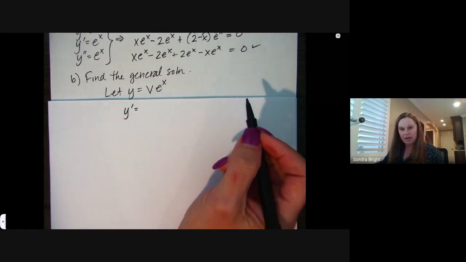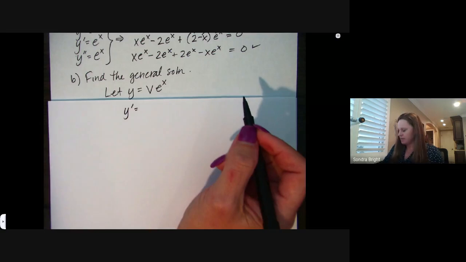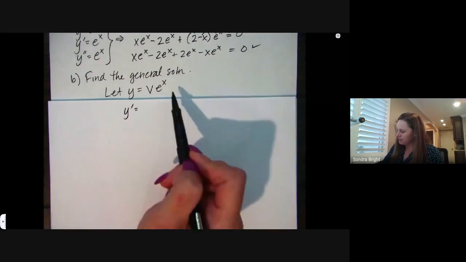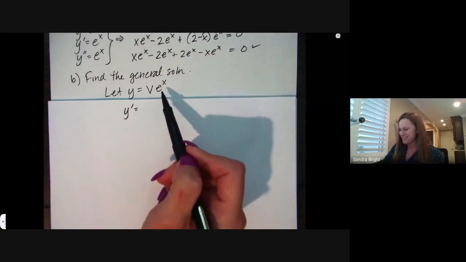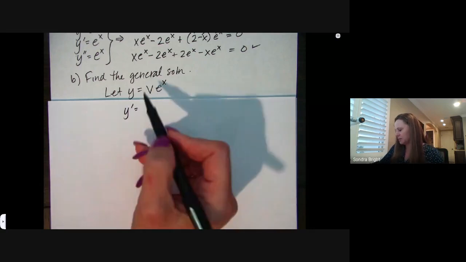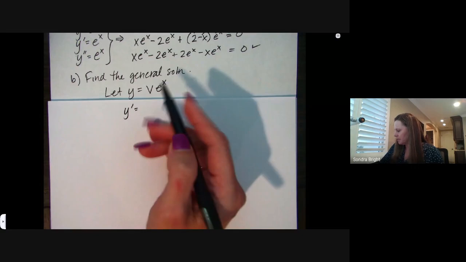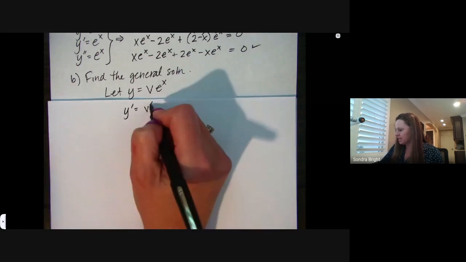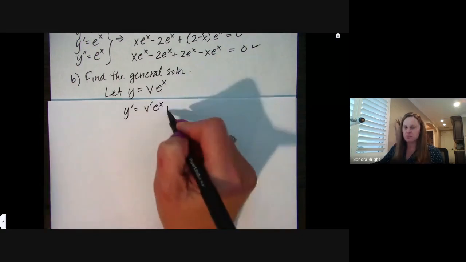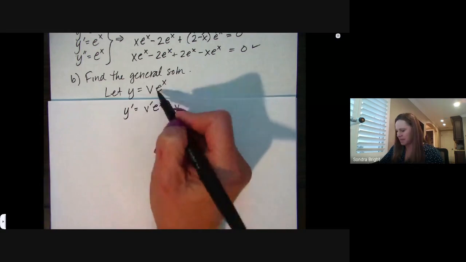So we do have product rule happening here. So it would be the derivative of v with respect to x, but I'm just going to abbreviate it as v prime, times the second guy, plus v times the derivative of e to the x with respect to x, which is e to the x.